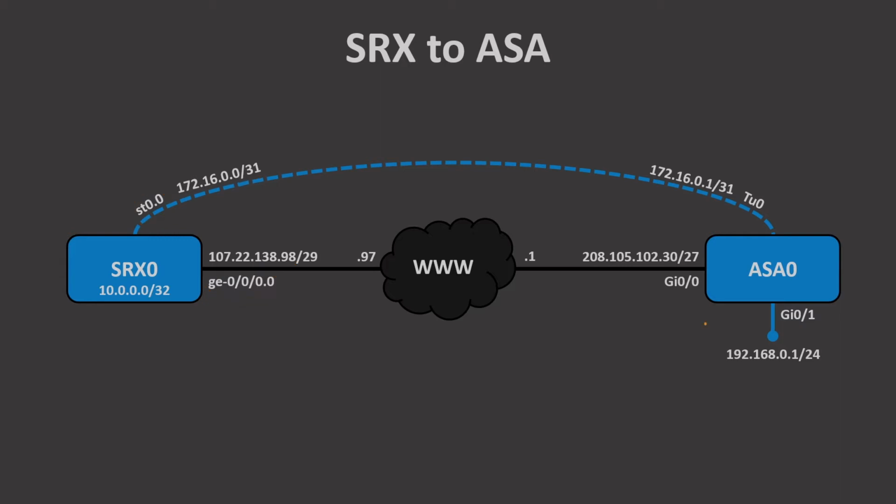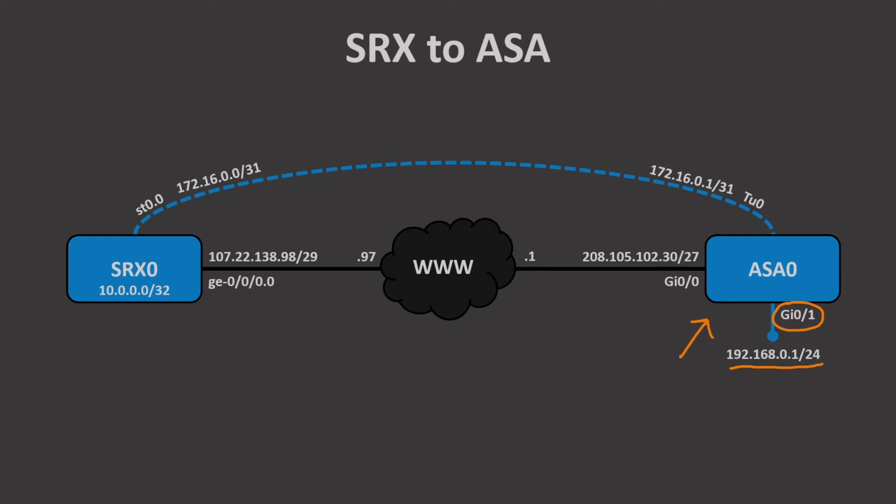Over here on the right-hand side, we have ASA0. Now the ASA doesn't support loopback interfaces, so we're actually going to have this interface gig01 configured as a LAN interface with this LAN subnet of 192.168.0.0/24, where the ASA is going to be 0.1.